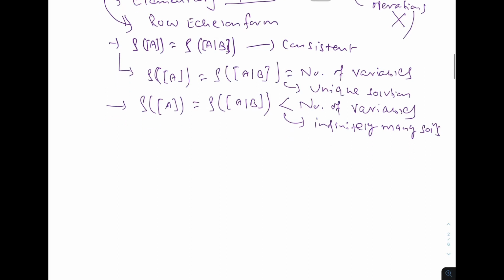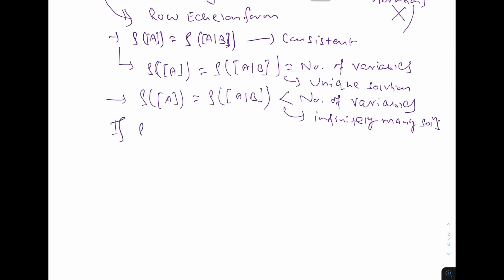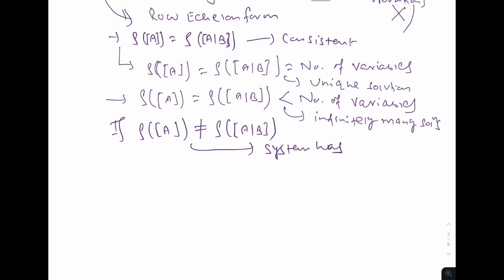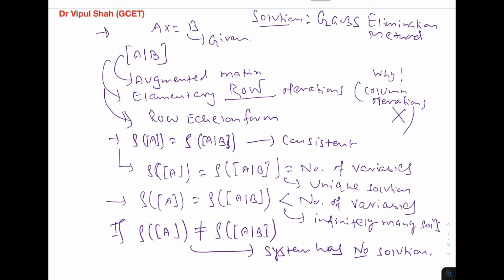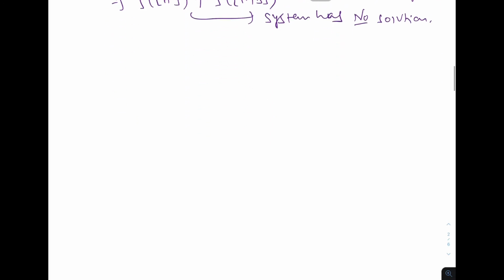And if rank of A is not equal to rank of AB, then the system has no solution. That means it is inconsistent. So this is a very simple method, which is called the Gauss elimination method. Okay, so let us solve some examples here.